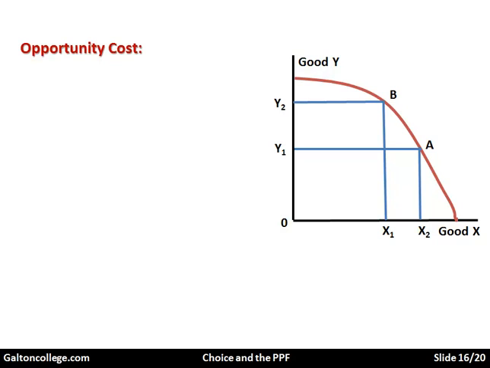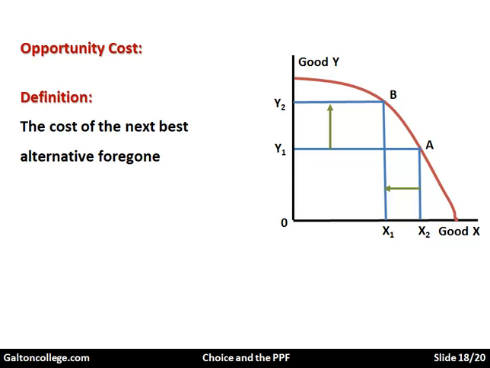But let's say the government wants to move from point A to point B. That means reducing X and getting more of Y. So Y is increased from y1 to y2, and X has decreased from x2 down to x1. So we can see that the combinations have changed.